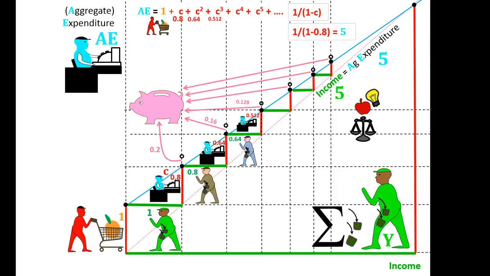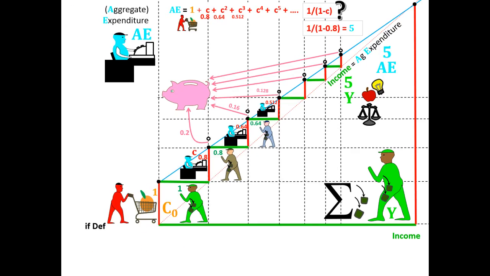Now, where does this expression come from? If we define that aggregate expenditure is equal to this expression, as many authors do, this is what is called the consumption function, then we can say that in equilibrium, aggregate expenditure, which is this, is equal to income.